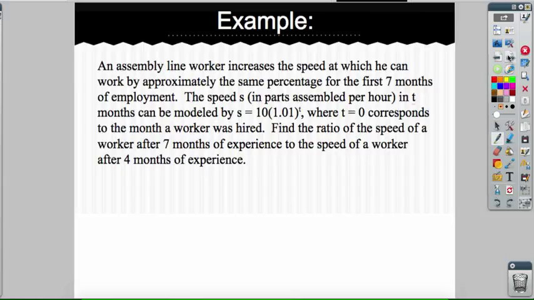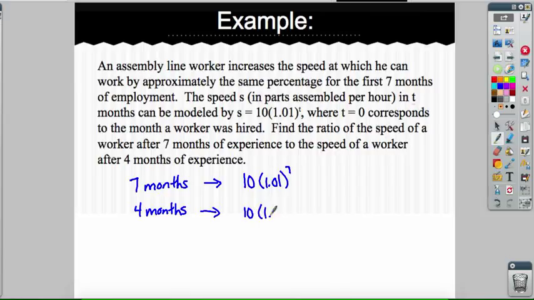So here we go. For 7 months, it would be represented as 10 times 1.01 to the 7th. And again, this is in speed for parts being assembled. For somebody that has worked at this factory for 4 months, it's going to look like this.